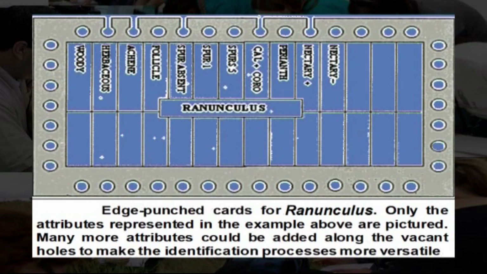For identification, all cards are held together as a pack. Thereafter, a needle is inserted in the hole corresponding to the first attribute of the unknown plant. As this needle is lifted up, the taxa containing the attribute would fall down, and those lacking that attribute will remain in the pack lifted by the needle.